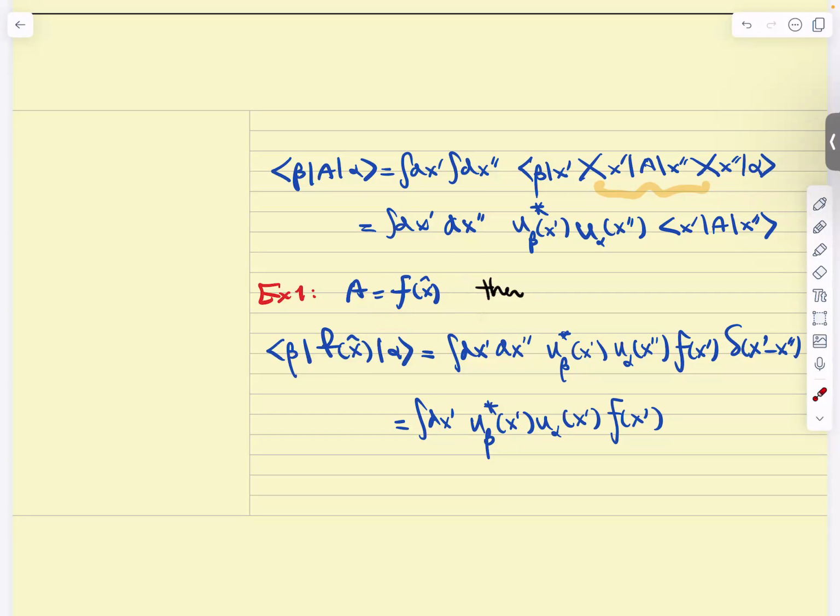So you would insert two resolutions of identity, right? One here and one here, as I did here. And what you obtain is f of x prime, u of alpha x prime, u of beta x prime star. All right, how did I go down from two integrations over position to one integration over position?